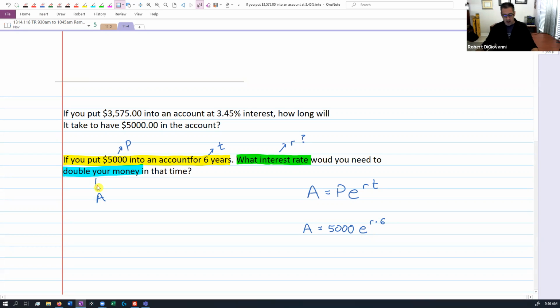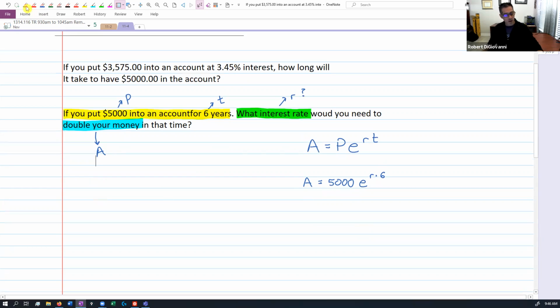So I can fill in the left side of that equation, which gives us a final equation that looks like this: 10,000, that's doubling my money, when I start with 5,000 and leave it in there for, I'm going to put 6R instead of R times 6. And look at that. Isn't that an equation where the thing you're trying to solve for, R, is up in the exponent?